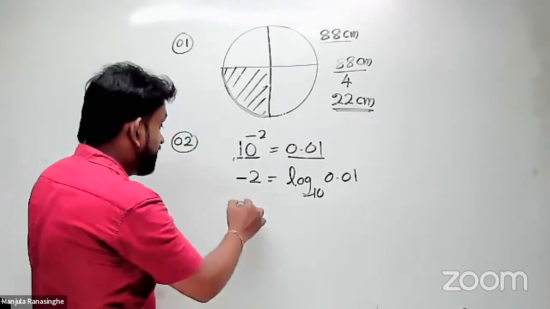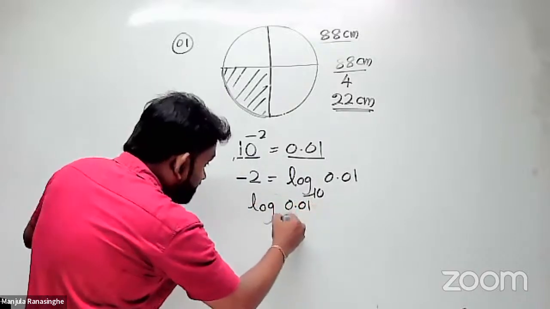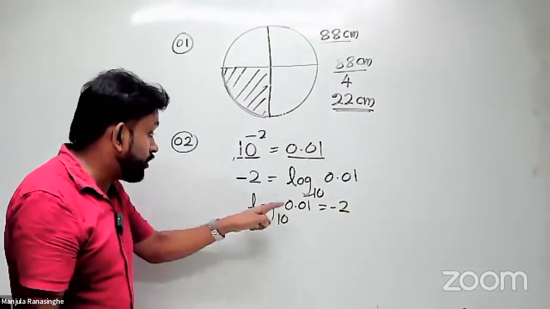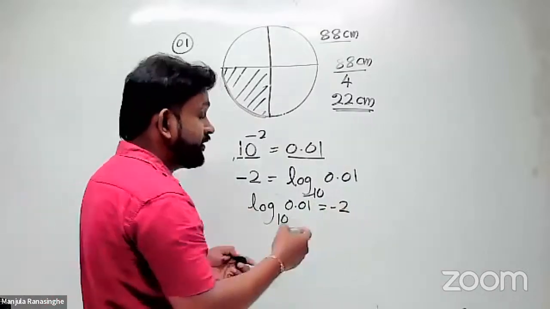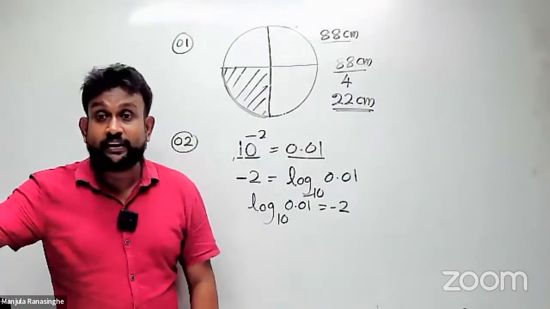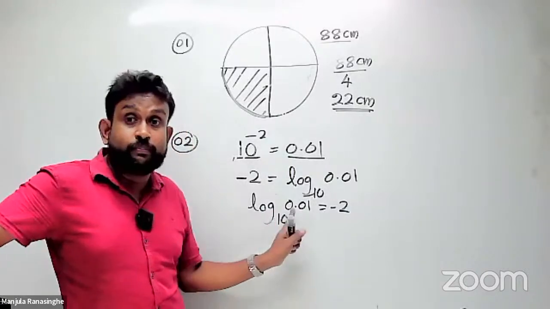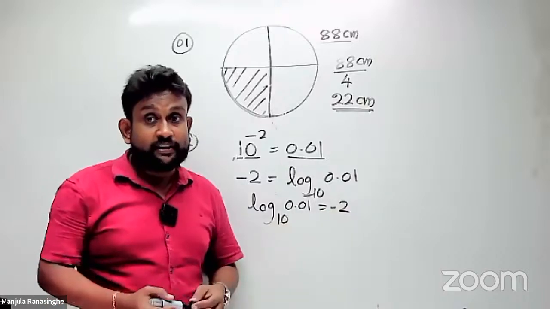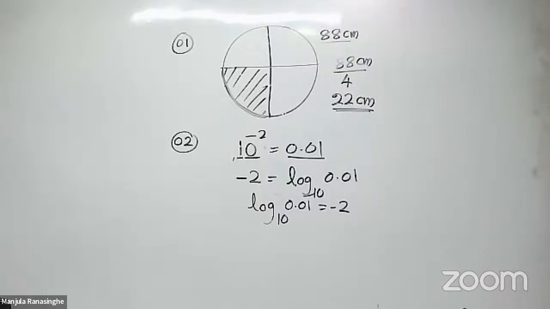You can exchange the sides and write logarithm of 0.01 to the base 10 is negative 2. Or you can write log base 10 in short form lg, but it is not given here. They mention the logarithm of 10 given. So the blank should be 0.01, and the other side is negative 2. Right, question number 2 completed.